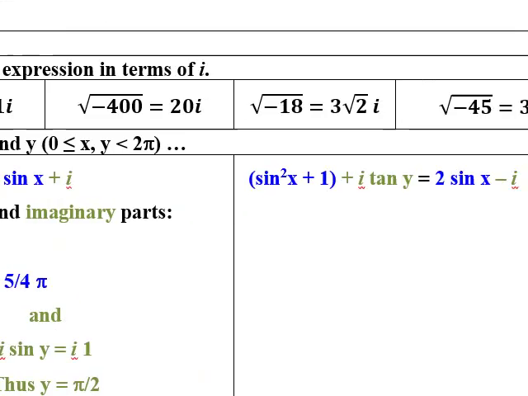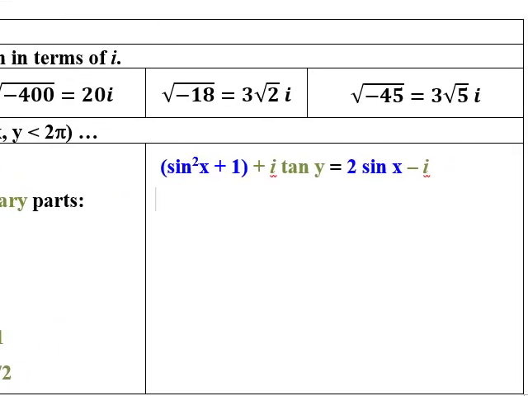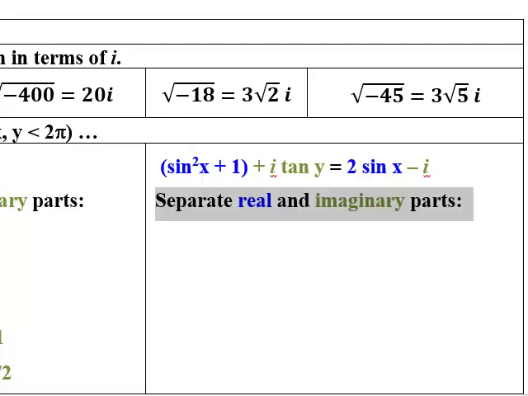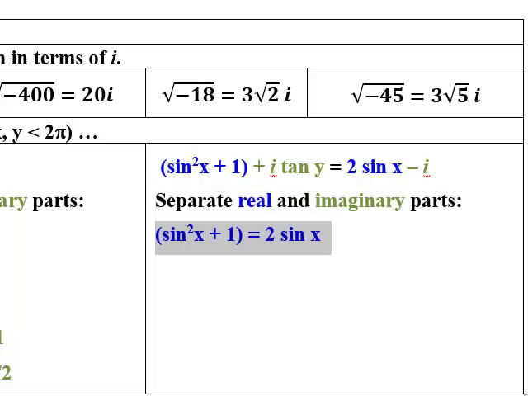All right, and this problem, sine squared x plus 1 plus i times tangent y equals 2 sine x minus i, and you can see that I color-coded these. So separate real and imaginary parts. And I'm going to start with the real parts.